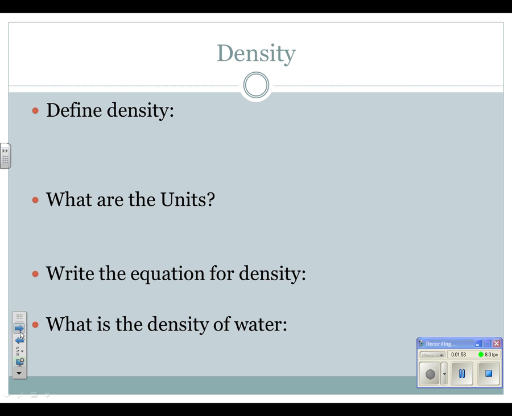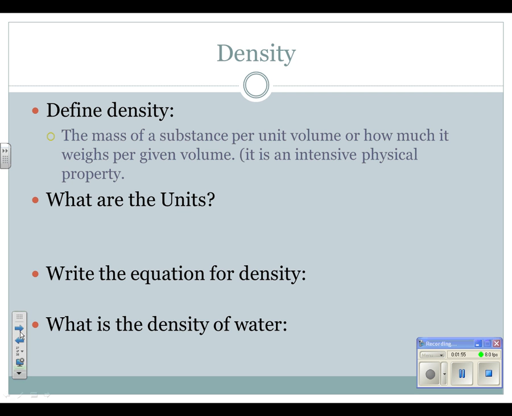So now let's move on to density. So define density. It is the mass of substance per unit volume, or how much it weighs per given volume. It is an intensive physical property that becomes important in later units. That's basically what it is. The units of density are grams per milliliters.